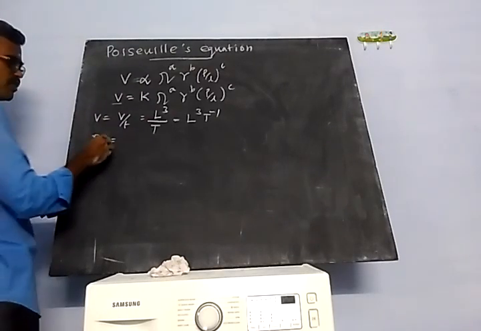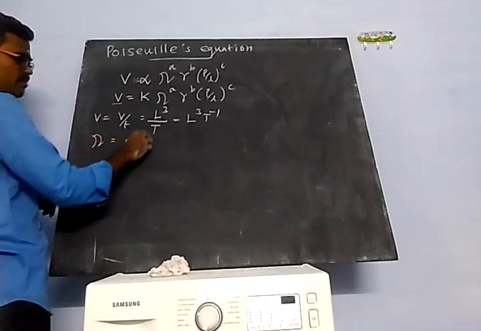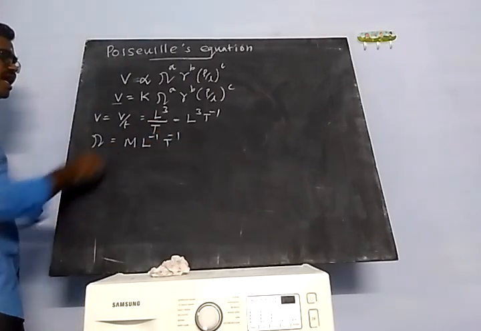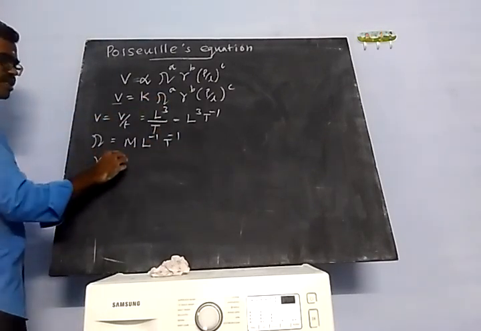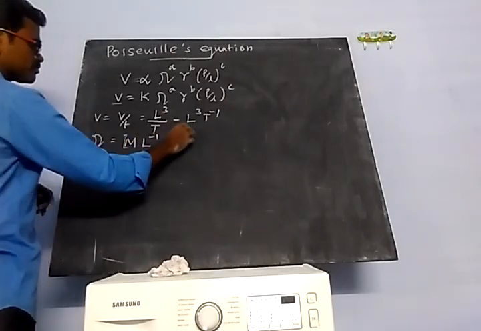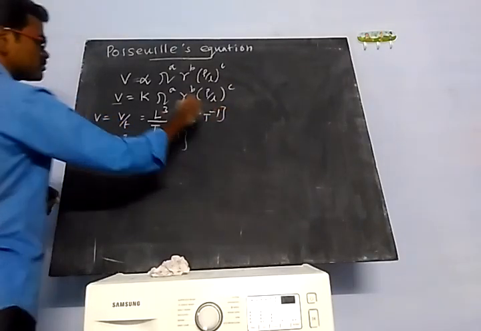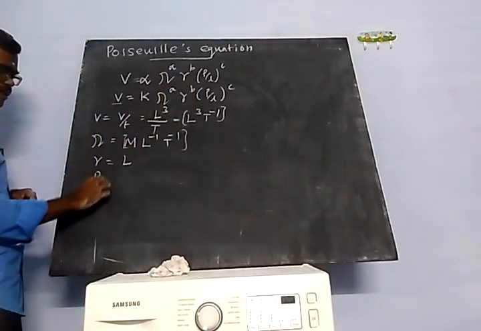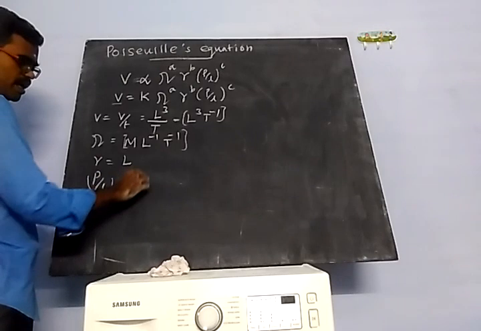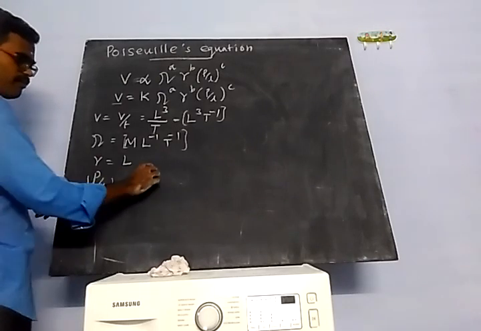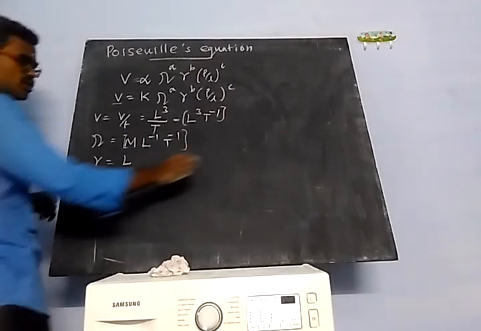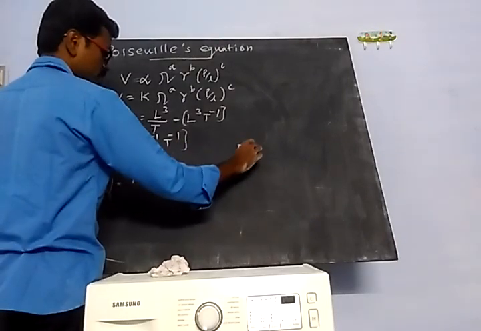And next, coefficient of viscosity eta. The dimensional formula for coefficient of viscosity is M L^-1 T^-1. And radius of the tube is L. And third one, pressure gradient P by L. The dimensional formula for pressure is M L^-1 T^-2. Pressure is force per area.